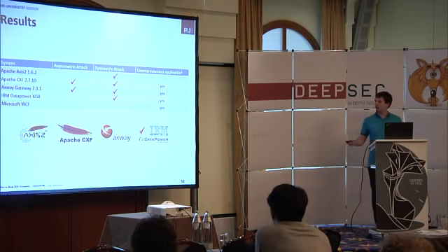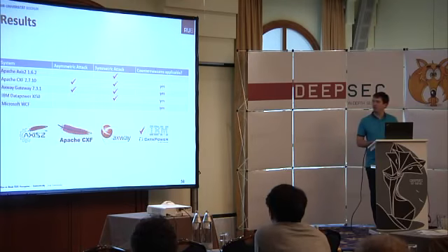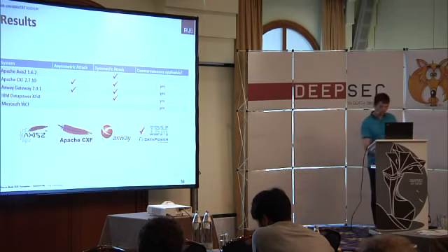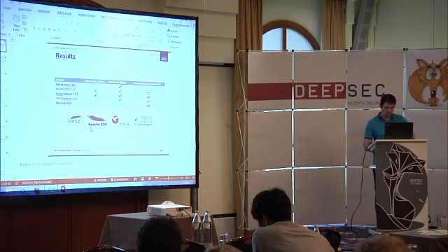And we found out that the asymmetric attack is in the default case applicable to Apache CXF and XML Gateway, and the symmetric attack is applicable to Apache CXF, Axis 2, XML Gateway, and also IBM DataPower. There are different countermeasures which are applicable, but you have to really take care how to apply them. I will present some problems with them later and how this worked. Now I will present the WS Attacker framework.